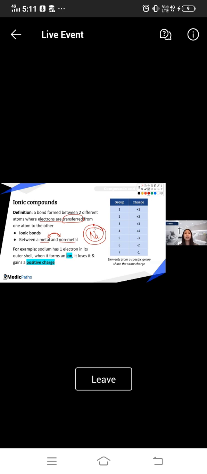So in order for sodium to become more stable, it wants to lose this electron. If it wants, it can also maybe gain 7 more in this outer shell, because remember 8 is the maximum, right? But gaining 7 more clearly sounds like it uses a lot more energy than losing one, right? So it will lose one and will form an ion. An ion is basically a charged atom.